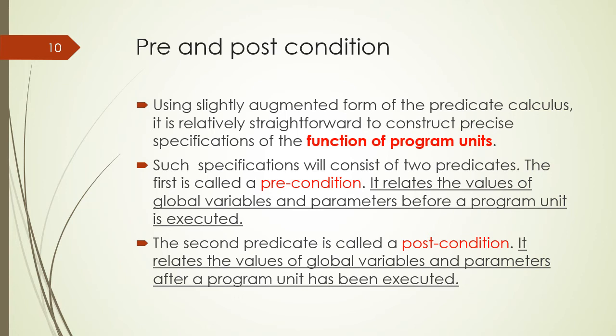Such a specification will consist of two predicates, which are known as precondition and postcondition. Precondition relates the values of global variables and parameters before a program unit is executed, and postcondition relates the values of global variables and parameters after a program unit has been executed.